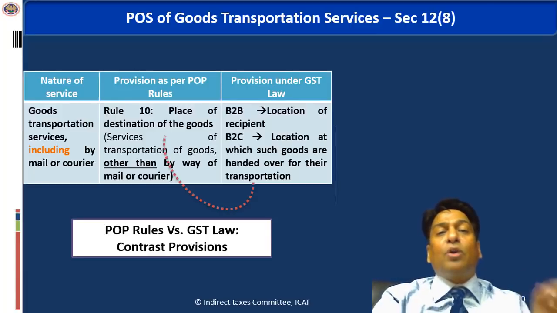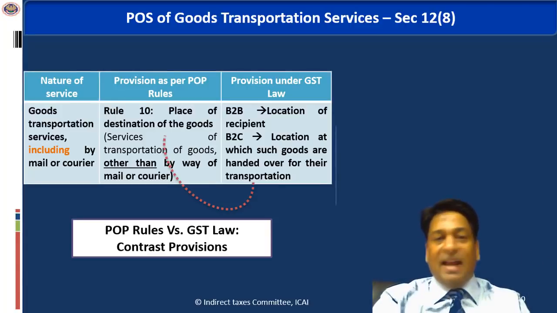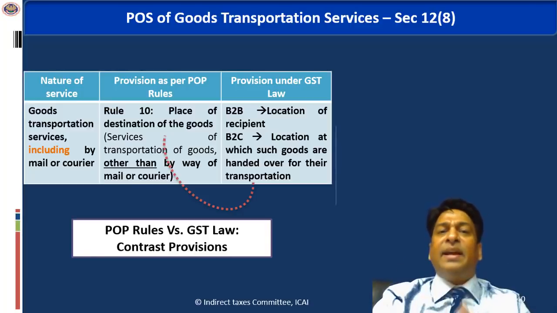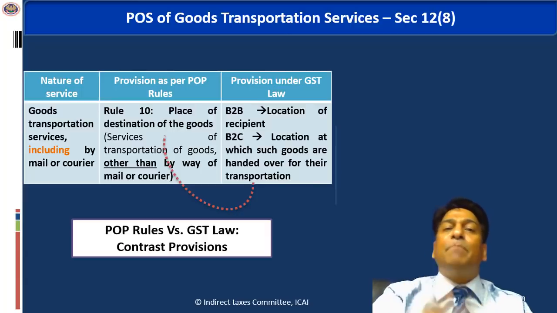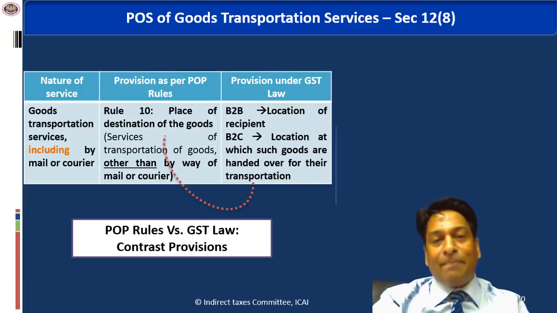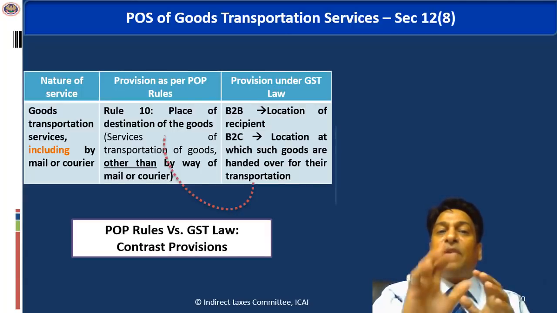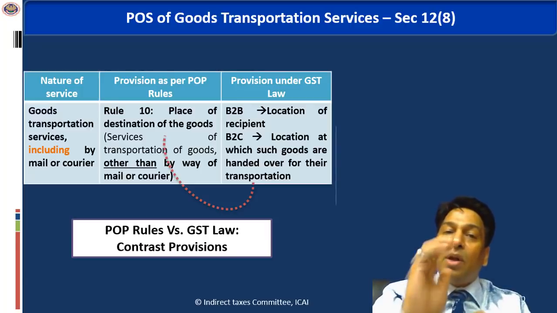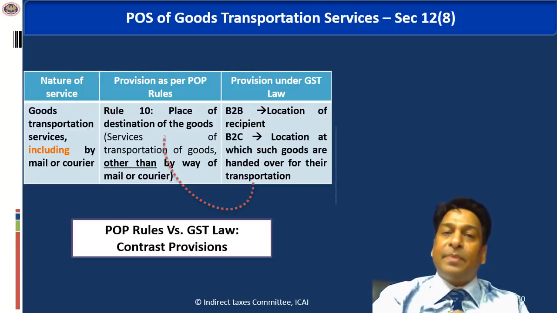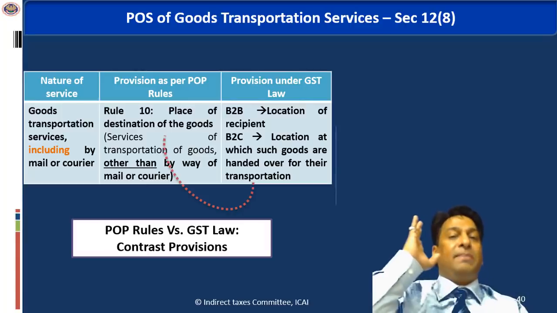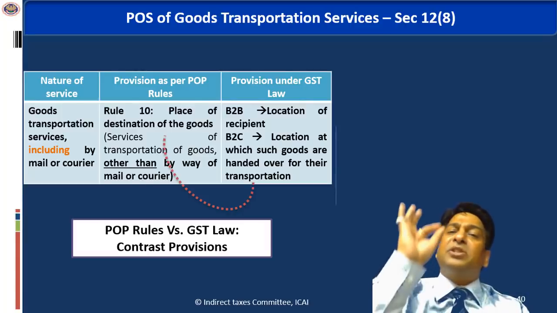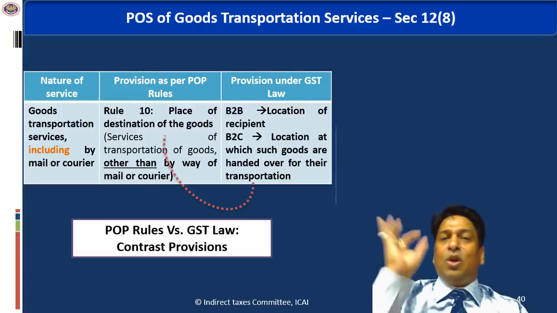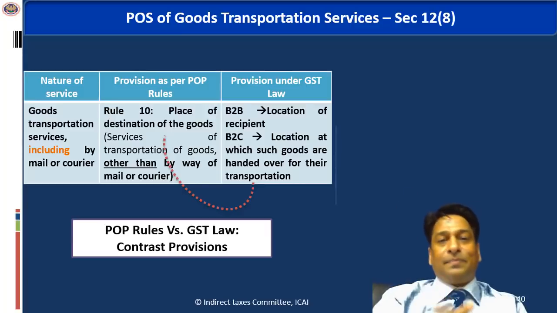supply for goods transportation services. And while discussing, you will find that we are also comparing with the erstwhile POP rules 2012. What is being said for place of supply for goods transportation services? If it is B2B, then the location of the recipient would be the place of supply.